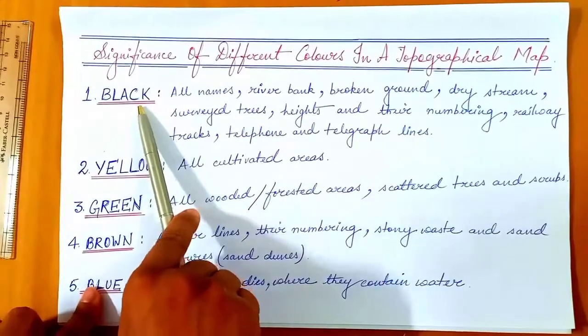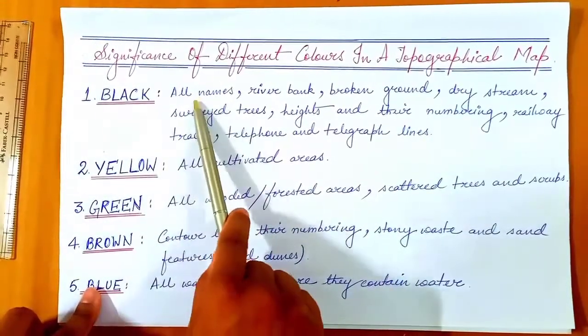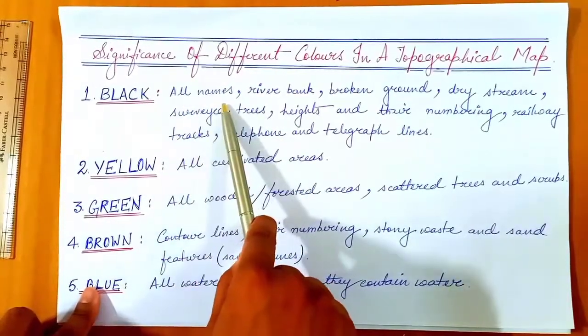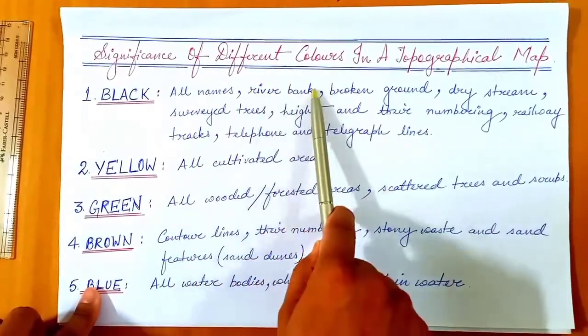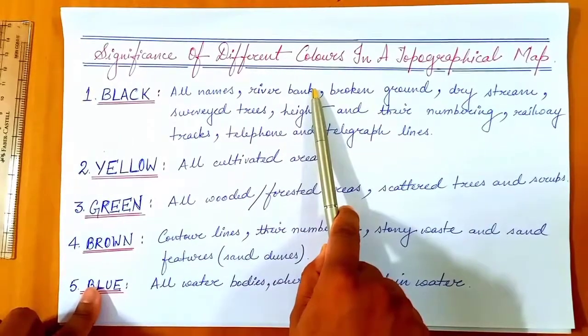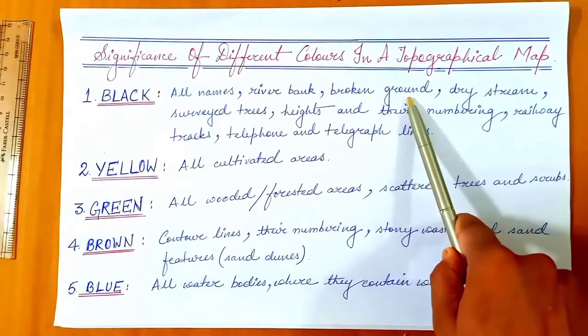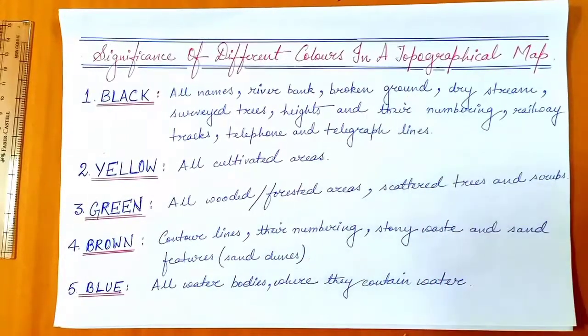So the black color is used to write all the names in a topographical map. The river banks are shown with black color. The broken grounds are the areas found near the bank of a river, and this forms in an area with alternate dry and wet seasons.